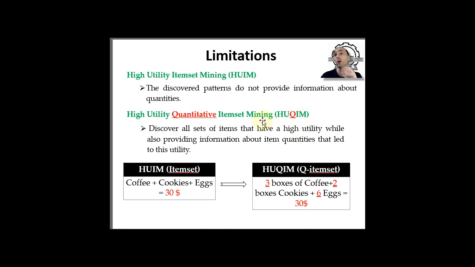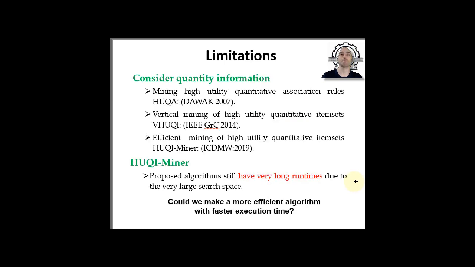We don't only want to find that coffee and cookies and eggs make a lot of money, but we want to know about the quantities, like 3 boxes of coffee plus 2 boxes of cookies and 6 boxes of eggs make a lot of money. So like high utility item set mining, but with quantities.